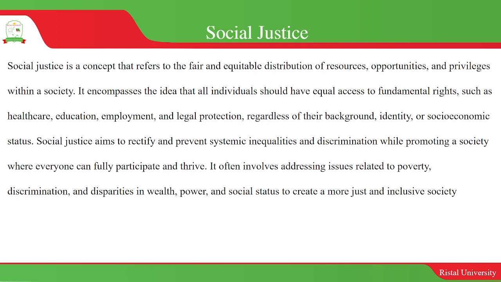So to achieve this, we need to make sure that there is access to quality health care, education, employment, and legal protection, regardless of where someone comes from, regardless of their socioeconomic class. We want to make sure that people have the same privileges, same opportunities, same access to resources. Okay? That is fair and equitable distribution of resources, opportunities, and privileges within the society.